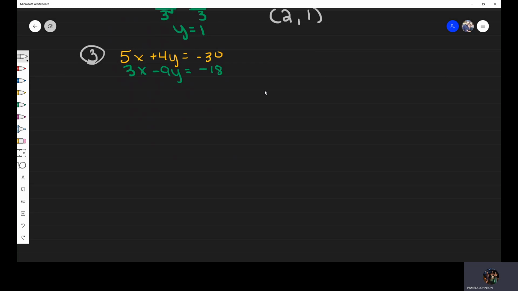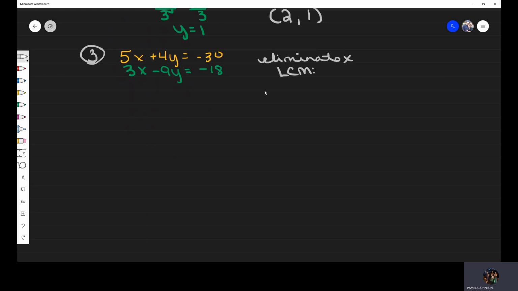Just for grins and giggles, let's get rid of the x this time. So I need the x's to be the same number. So I'm going to make a little note to myself. I want to eliminate my x's. And so I want to look for the least common multiple of both 3 and 5.